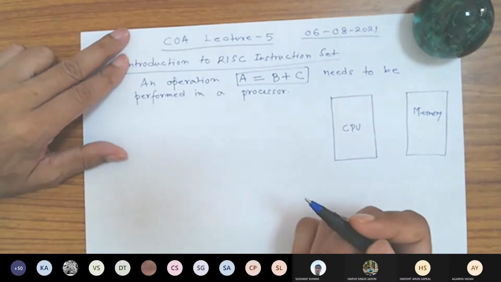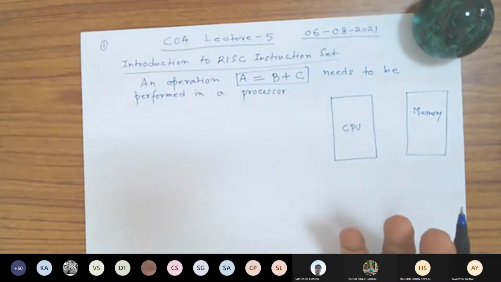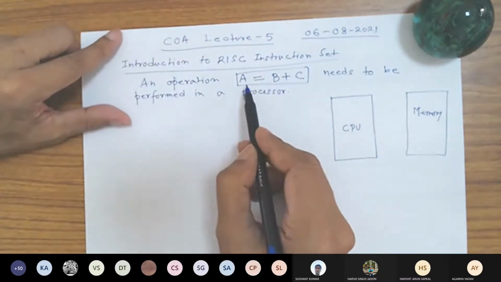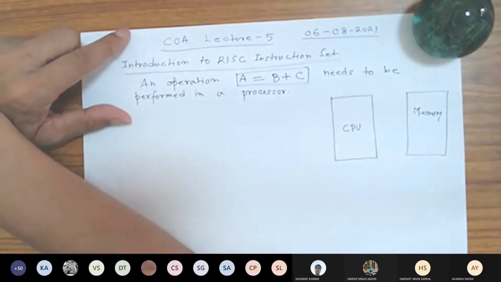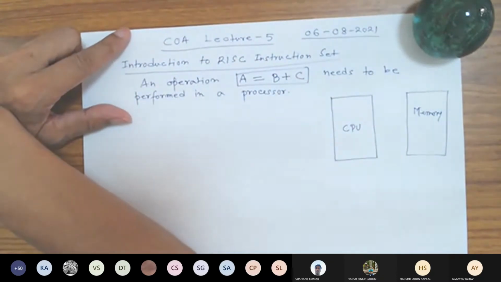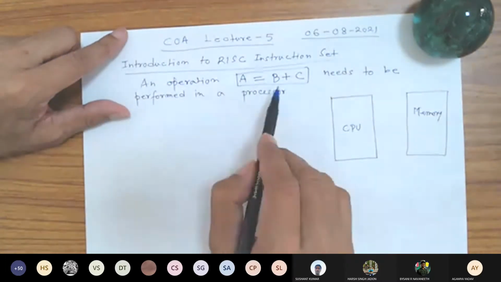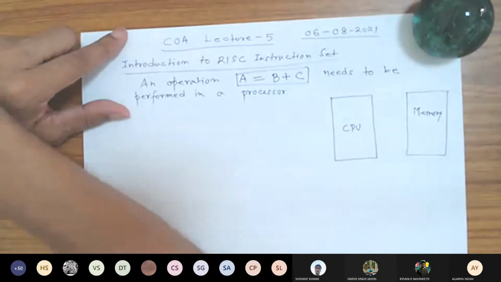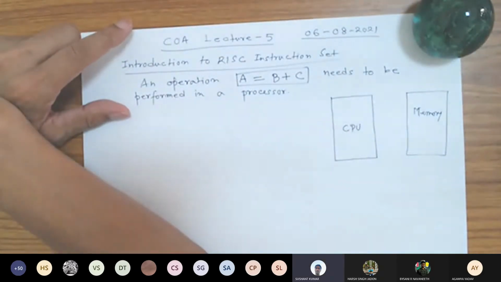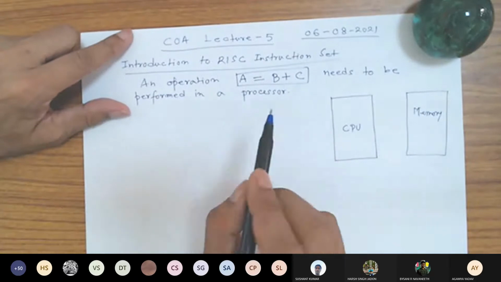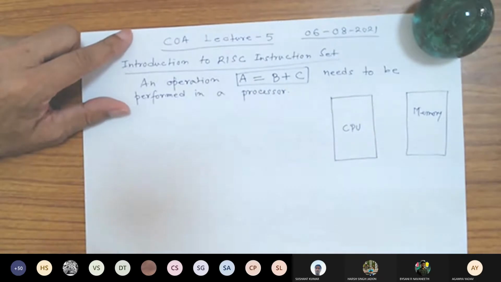Now at the beginning, when the system is still not running, what do you expect these A, B and C values will be? Garbage values. No, but where? Let's assume that the values are given. These are variables actually, A, B, C. They are not any place inside the CPU. Do you agree with me? Yes. These are variables, so they must be stored in memory.